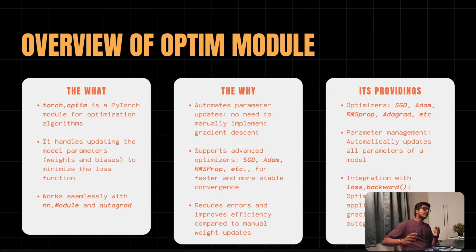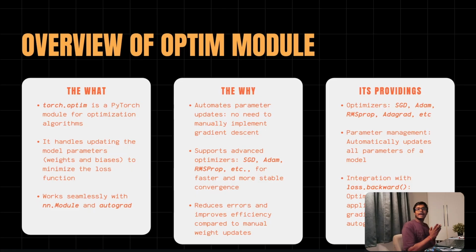Alright, now let's look at the Optim module. So, in the backpropagation algorithm, after we have calculated the gradients of loss with respect to all the weights and biases, we simply update these weights and biases using our gradient descent logic, right? And we did it manually. But this Optim module is another PyTorch module which provides us optimization algorithms that handle updating the model parameters, like our weights and biases, automatically.